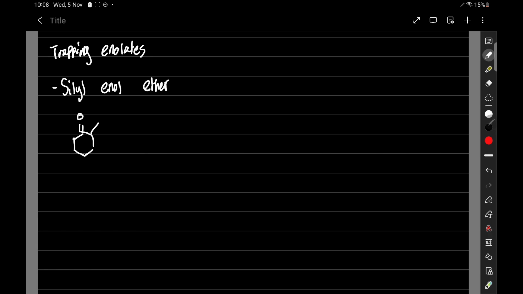So what we can do is treat this with TMSCl and a base, triethylamine.